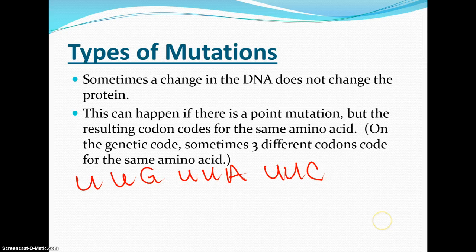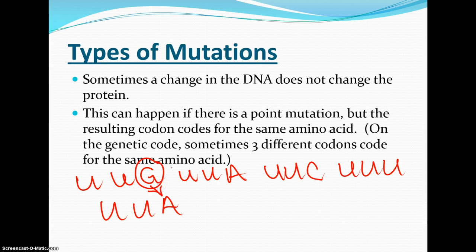So if you accidentally substituted the last nucleotide in that group, it wouldn't matter, because those all code for the same amino acid. So if we change this one from G to an A, it would still code for that same protein. So it does not make a difference.